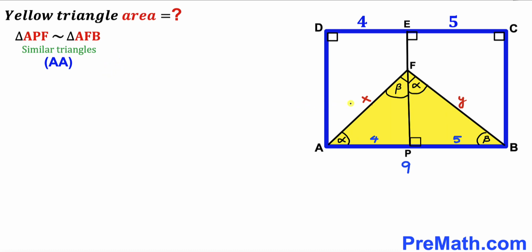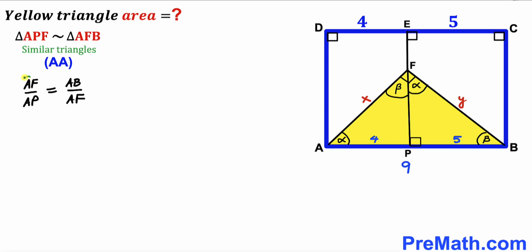We can write the ratio of side AF and side AP: AF divided by AP is equal to the ratio of AB and AF, so AB divided by AF.